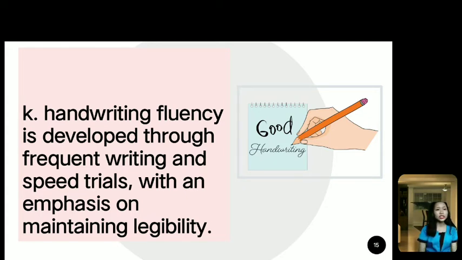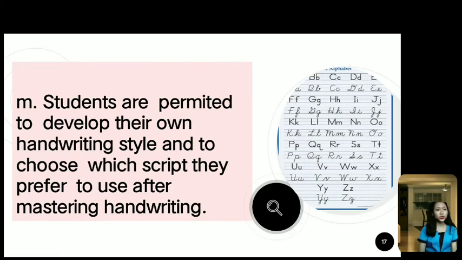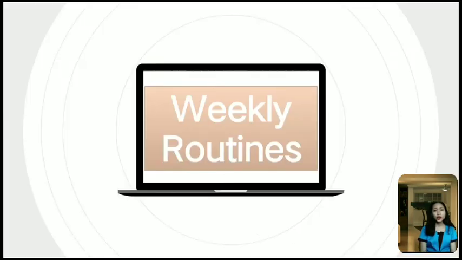Next, opportunities are provided for distributed practice and judicious review of individual letters and letter sequences. The students are permitted to develop their own handwriting style and to choose which script they prefer to use after mastering handwriting. Let's proceed to the weekly routines to help the pupils develop their writing skills.